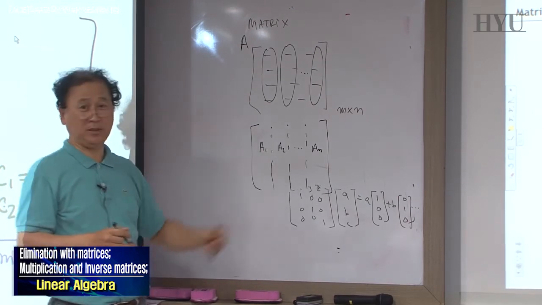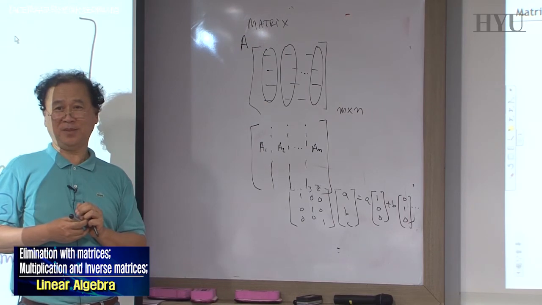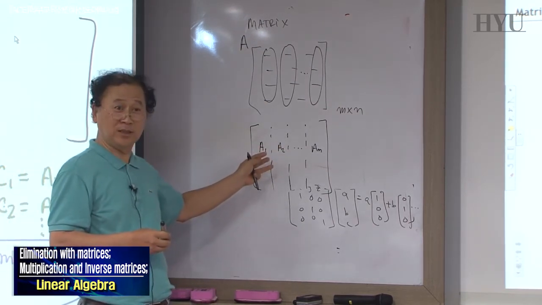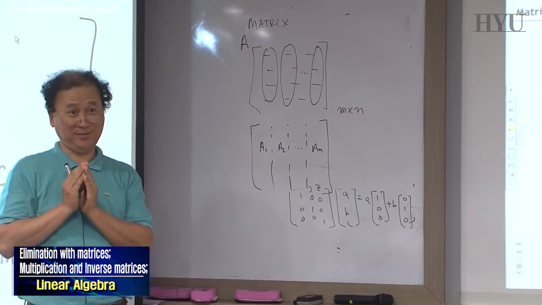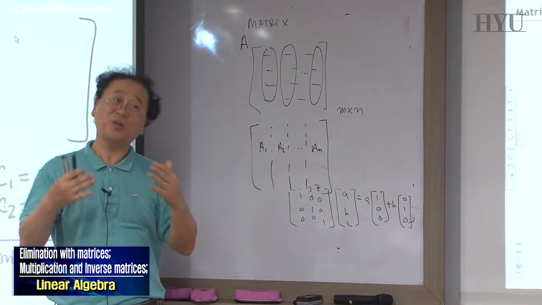What's the dimension of this vector? M, the number of rows, right? This is one way you can see it. In that case, I just call this a column vector. This matrix, you can see, is a collection of column vectors, right?